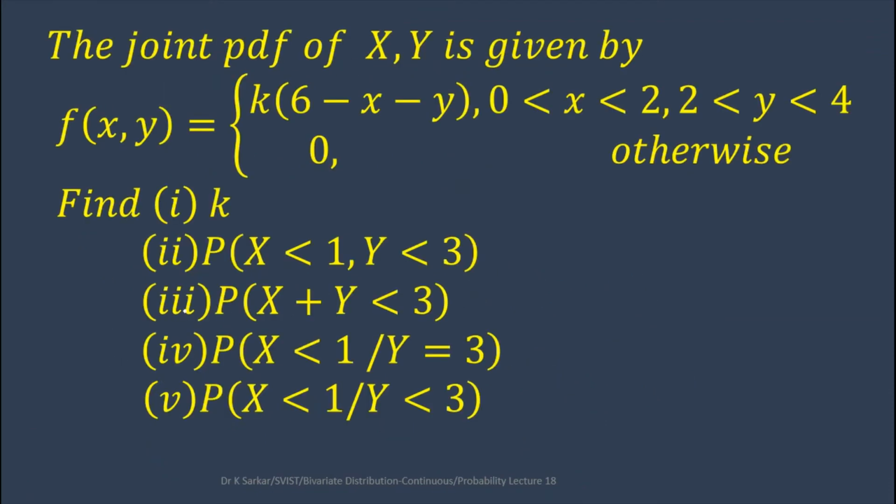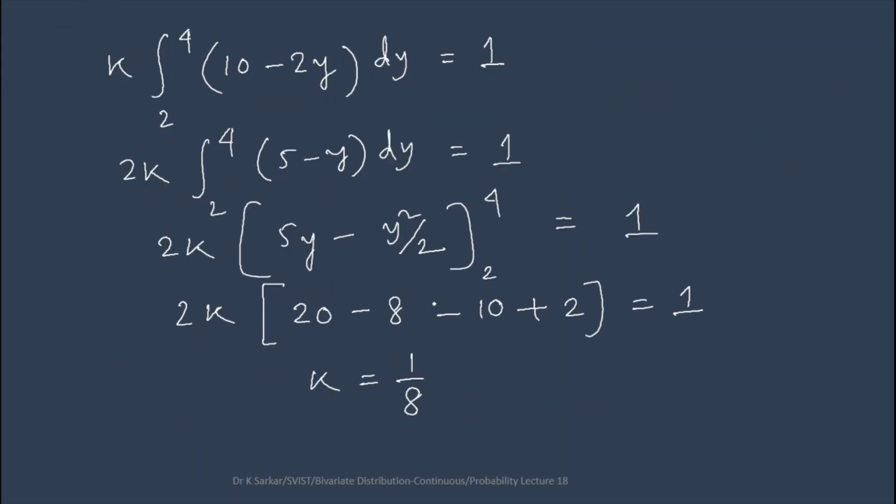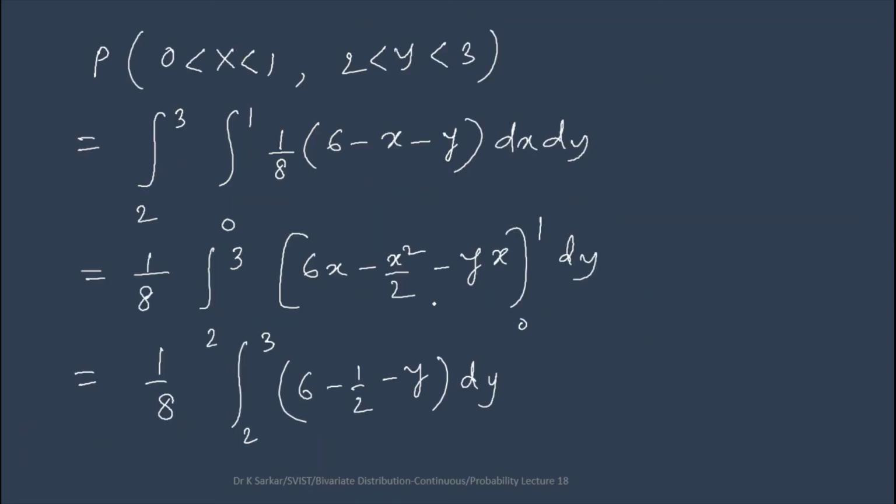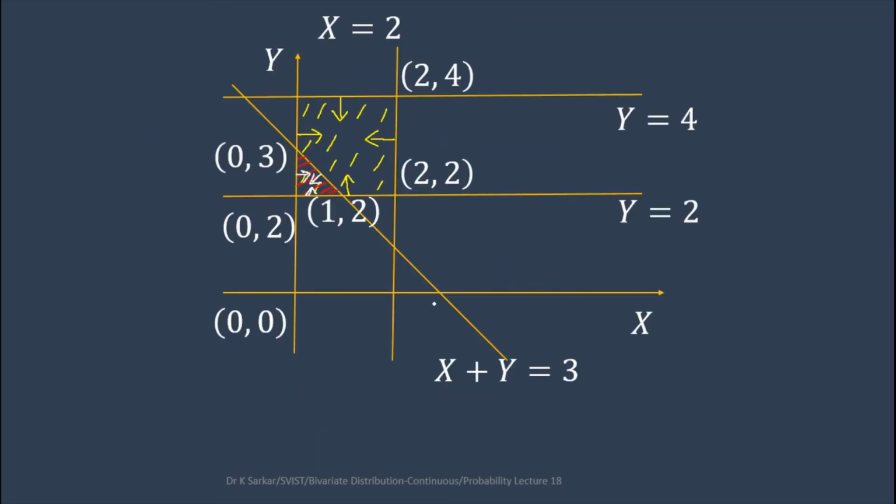Next question, we have to find the probability for x plus y less than 3. The straight line x plus y equals 3 is drawn in the diagram. Now x plus y less than 3 means the downside of the x plus y equals 3 line.